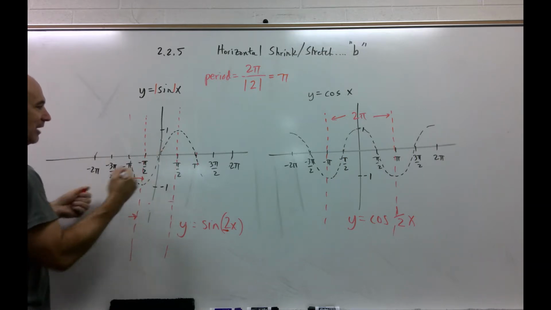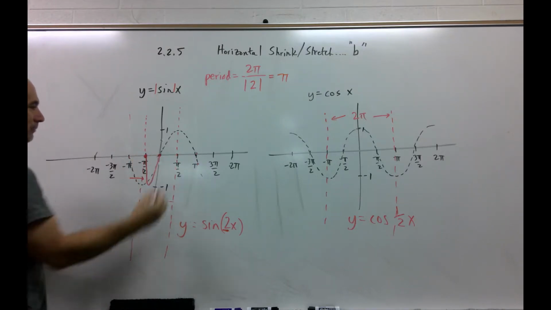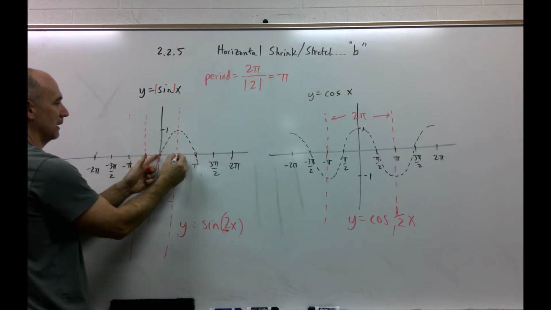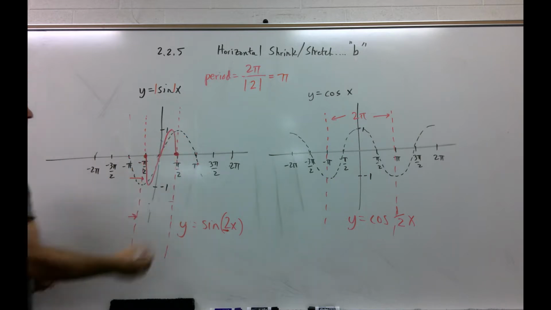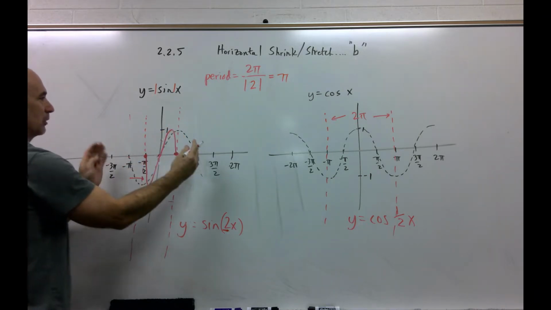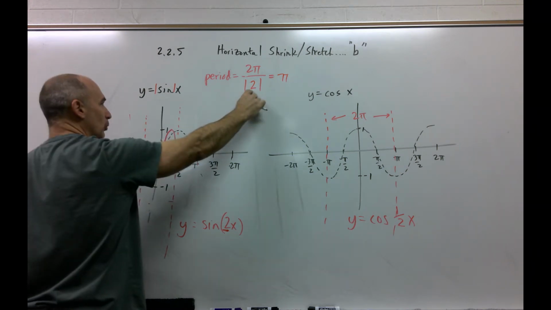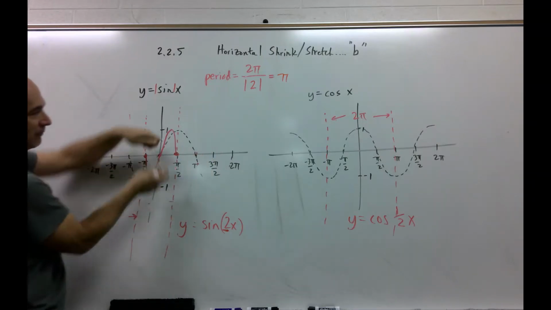That has to happen between here and here. So I'm going to make it happen. This little hill needs to happen, same thing, in between here. So here and here, and there it is. So the original sine wave was compressed by a factor of 2. It was shrunk by a factor of 2, horizontally. We're not talking vertical here.